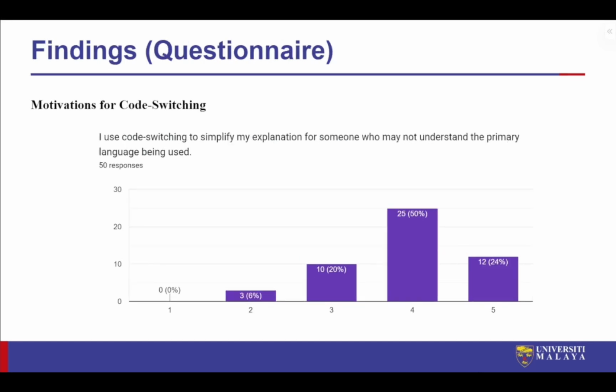For our next motivation, it states, "I use code switching to simplify my explanation for someone who may not understand the primary language being used." This is also one of the most popular motivations that was chosen by our respondents, with only 3 people who disagreed and none choosing strongly disagree, and also a reasonable amount of people who chose neutral, which is only 10.